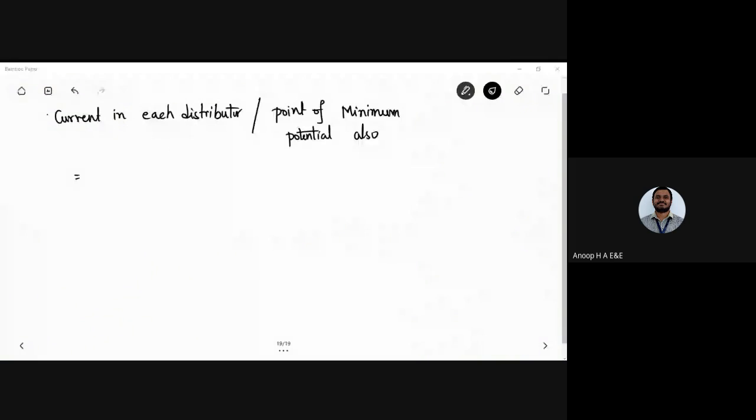So current in each section, you find out what it is. Okay, find out the current in each section.